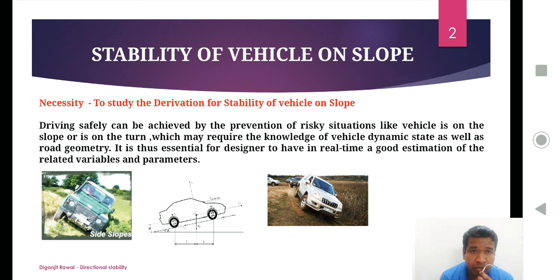What are the types of roads? What are the slopes? What are the inclinations of the road? As well as we have to study the forces and moments acting on the vehicle to study the stability of vehicle on slope.